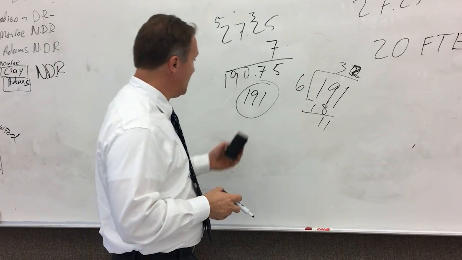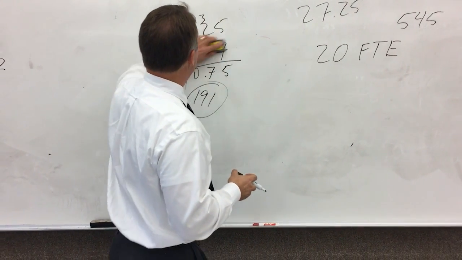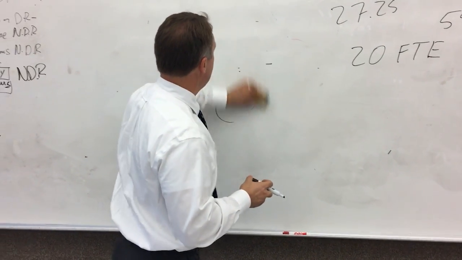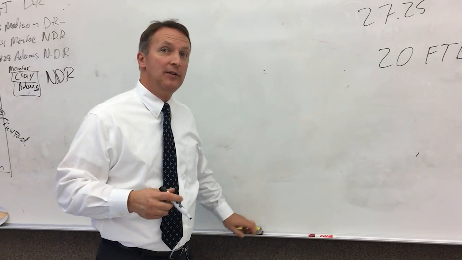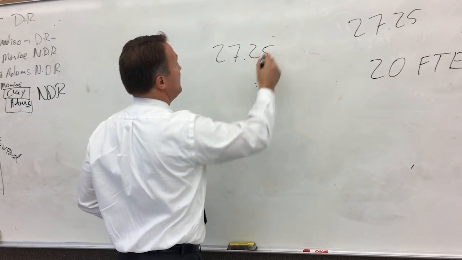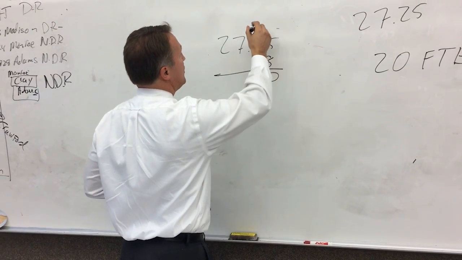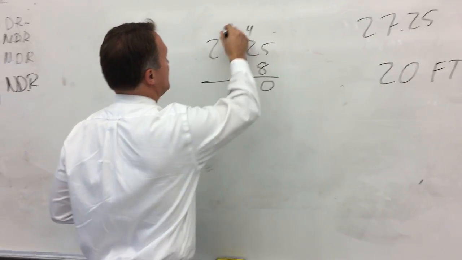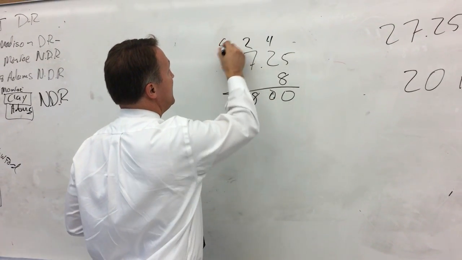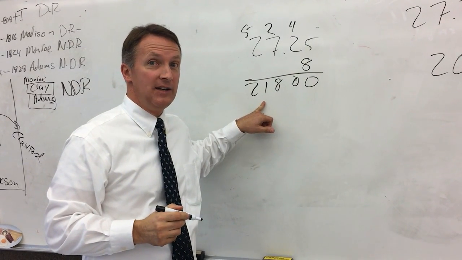Now let's say we're at a junior high with an 8-period day, or the 4x4 block. Now we're at 27.25 times 8. Now each teacher is going to have 218 kids.